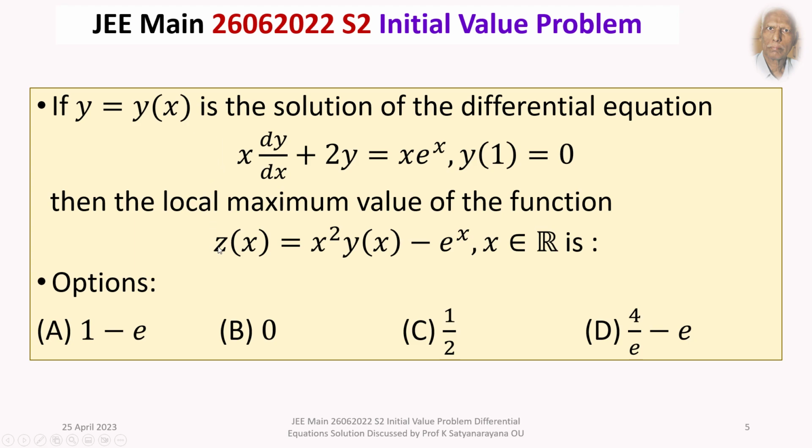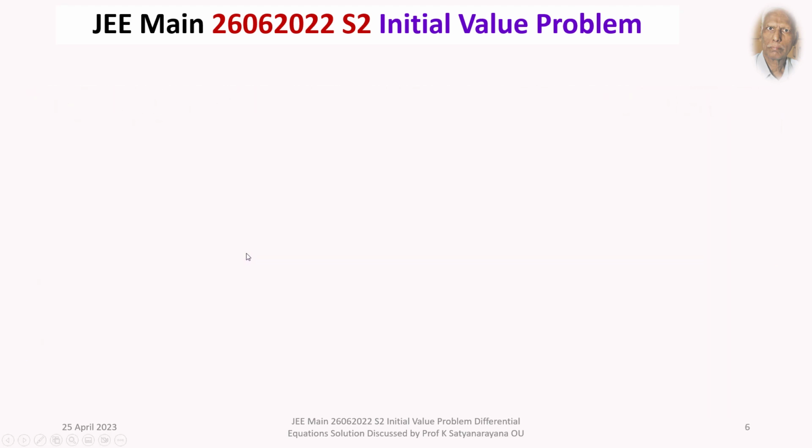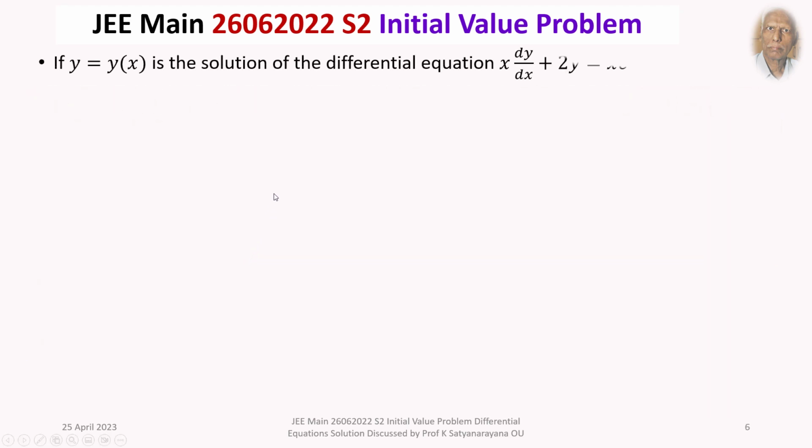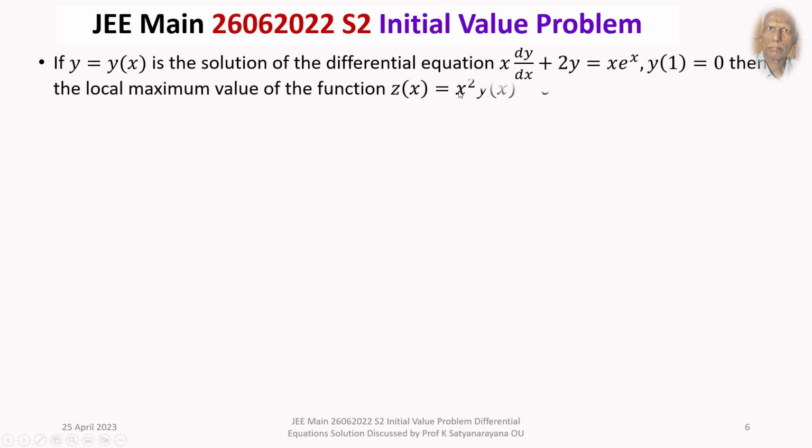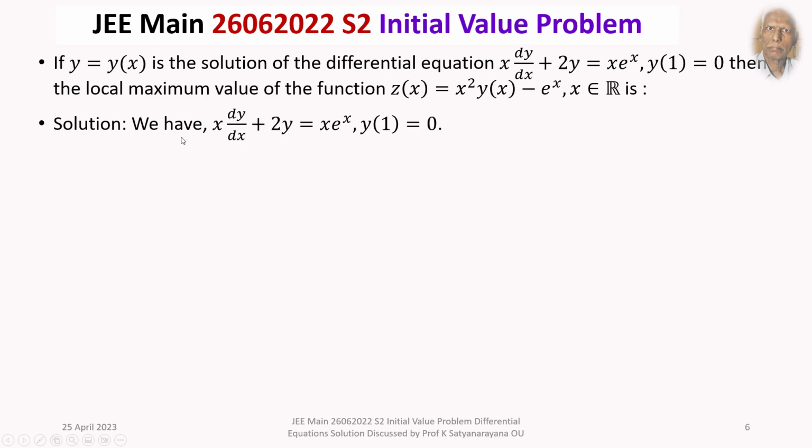Then construct z of x, a new function that is equal to x square into y of x minus e power x, where x belongs to R, where y of x is a solution of this differential equation, and find the local maximum value of this function z of x. That is our given question. We now discuss the solution of the problem in detail.